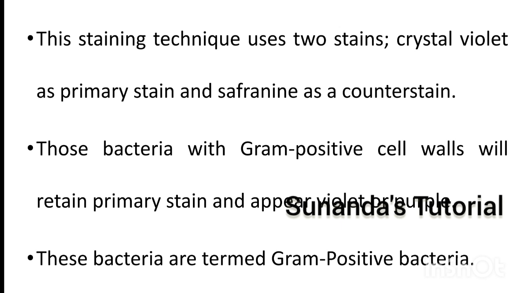Next, this staining technique uses two stains, two colors. One is crystal violet, which is called the primary stain, and safranin, which is the counter stain. So in this method we use two stains. Those bacteria with a gram positive cell wall will retain the primary stain, and at the end of the process they will appear violet or purple, and these bacteria are termed gram positive bacteria.